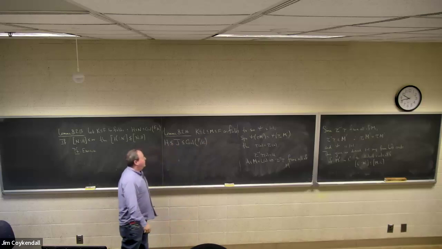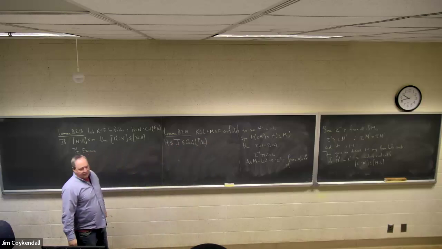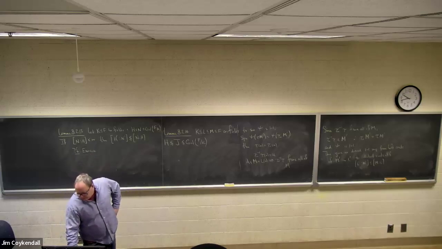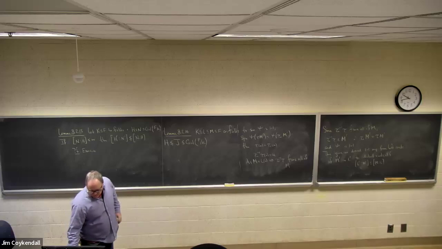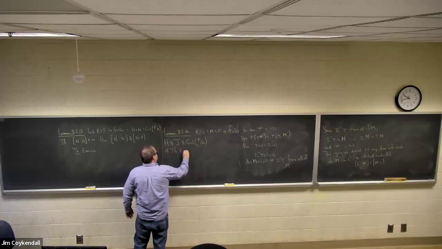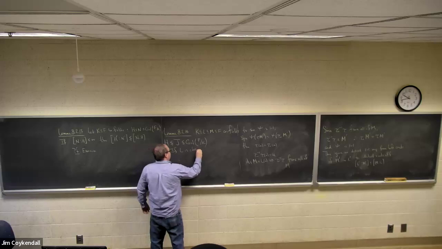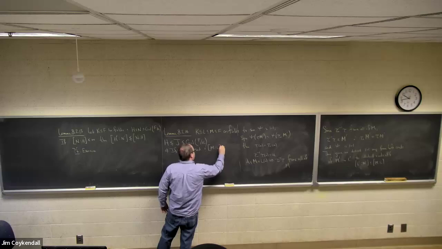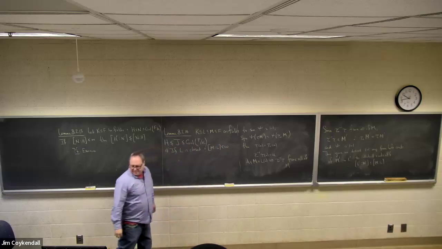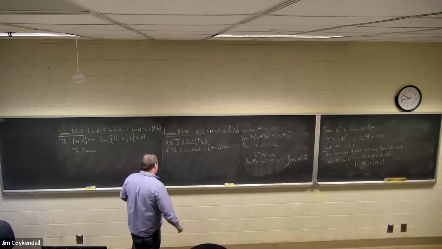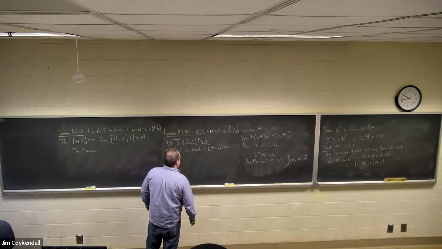So I've got L and M are intermediate fields of extension F over K, and H inside J are subgroups of the Galois group of F over K. A, if L is closed, and the degree of this extension is finite, then M is closed, and you have an equality in the degree versus index.